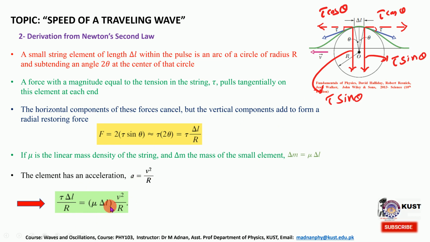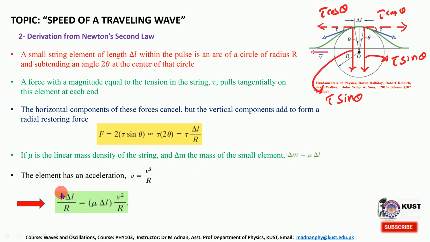Another way to look at this expression is that this force, which is the centripetal force, equal to tau delta L over r, is generally equal to m v square over r, where m is this and acceleration is v square over r.